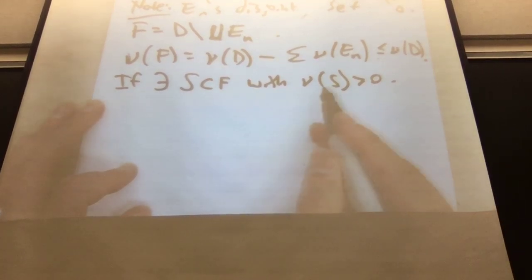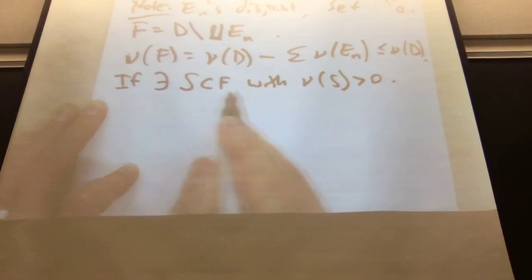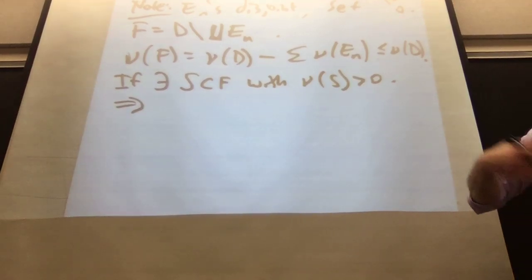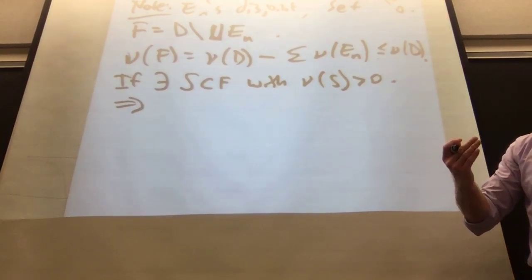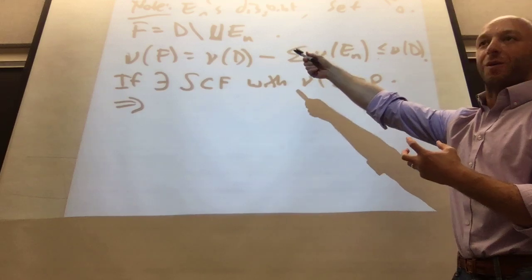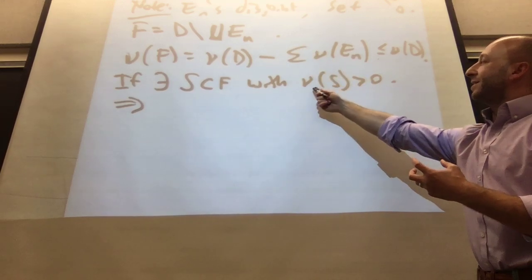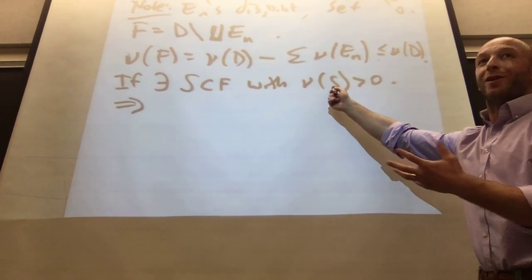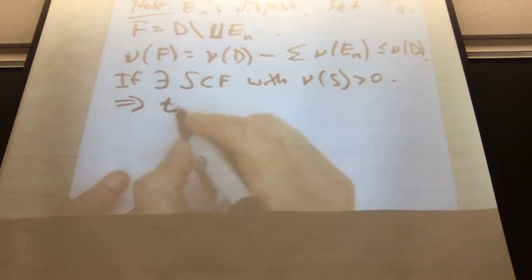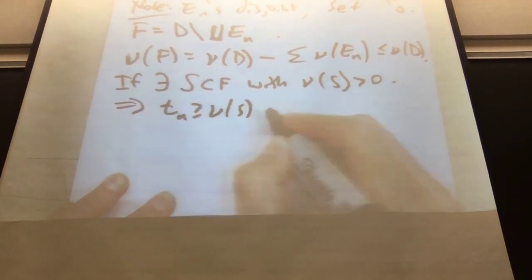Well, what does it mean that this nu of S has survived all of these cuts? Remember what the T's are. The T's are the supremum of the subsets of what was left over. That means that whatever the supremum is, it's bigger than nu of S. So what I'm trying to say is Tn is at least nu of S for all n.